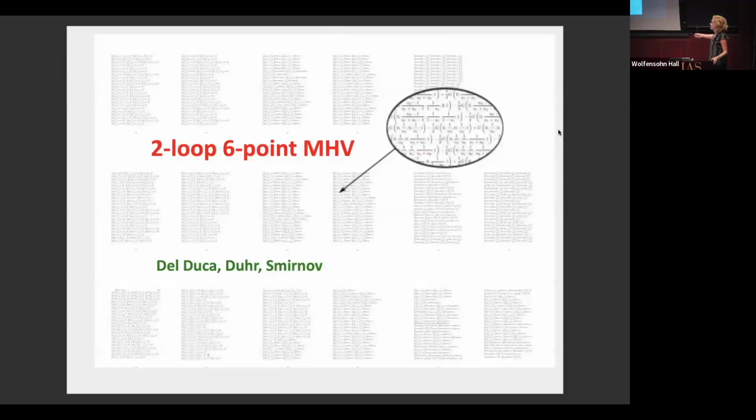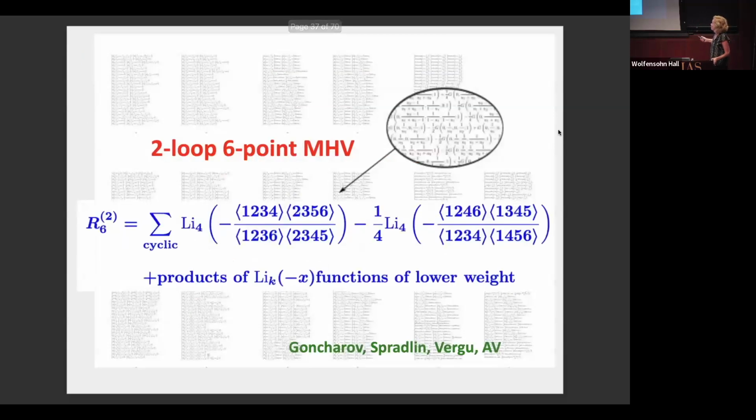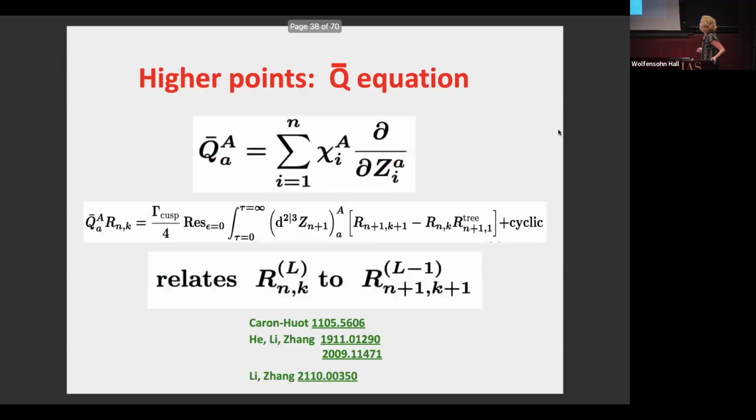So first, somebody did the computation. You start at 2 loops, 6 points. The true computations have been done with a Feynman-like diagram. So somebody computed 2 loops, 6 points.